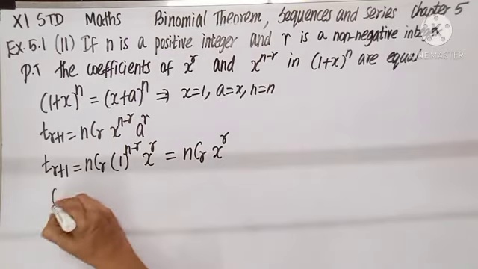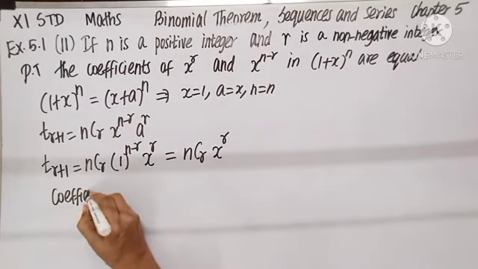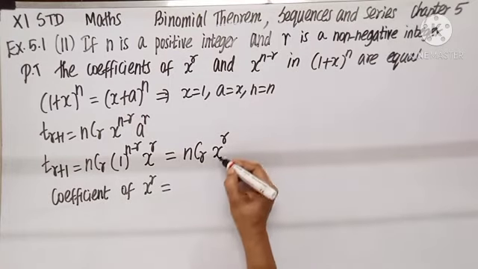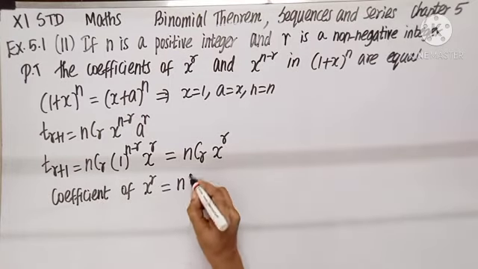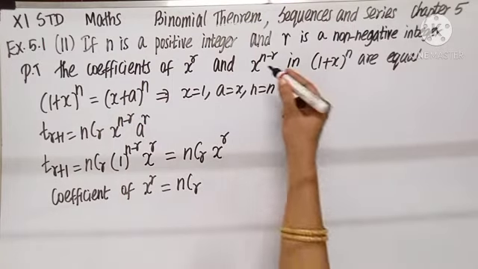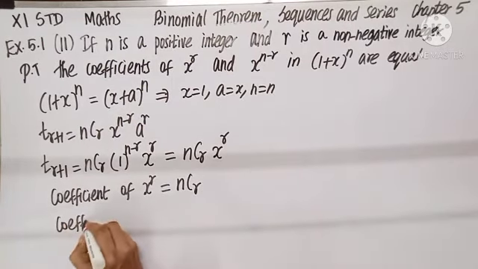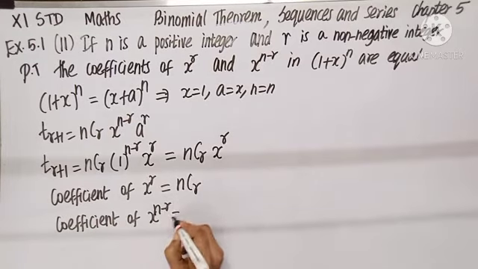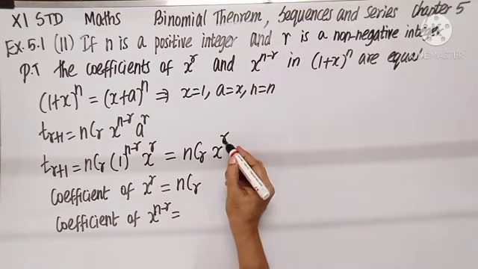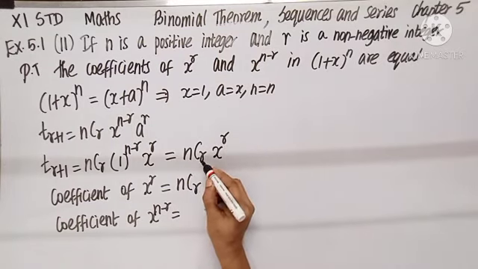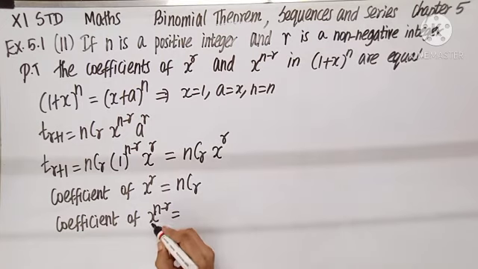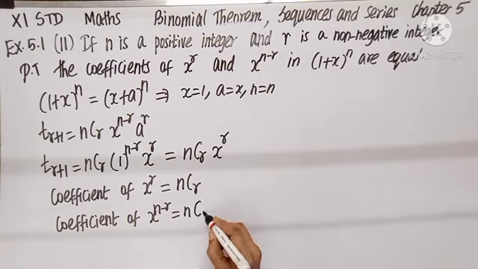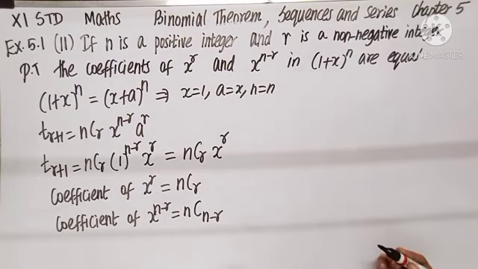If I want the coefficient of x power r, look, for x power r the coefficient is NCR. And I want the coefficient of x power n minus r. If I want the power r, here NCR is coming. If I want the power n minus r, here NC n minus r will come.